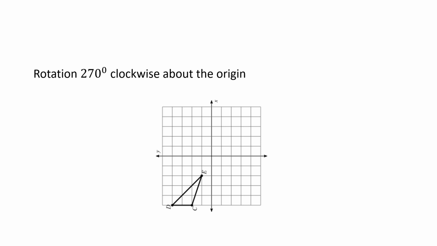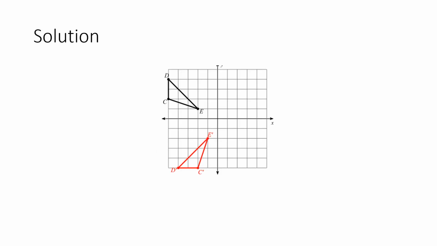Coordinate for D prime is -4, -5. So we see as we rotated triangle CDE clockwise 270 degrees, the image ended up in the third quadrant, triangle C prime, D prime, E prime.